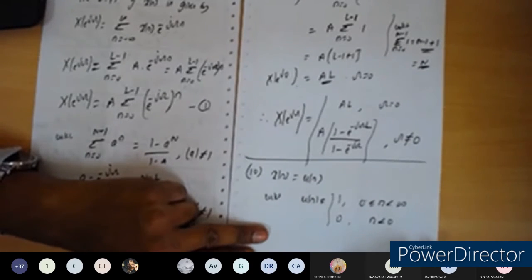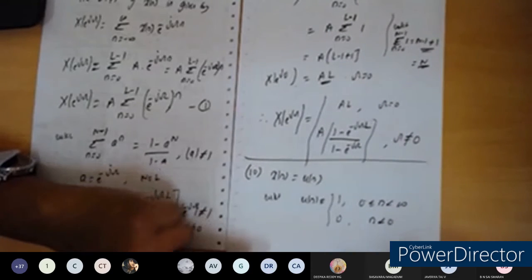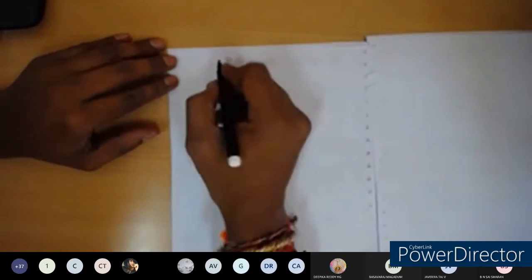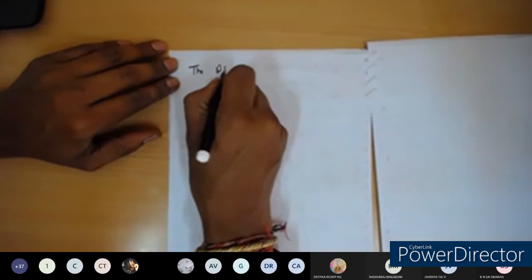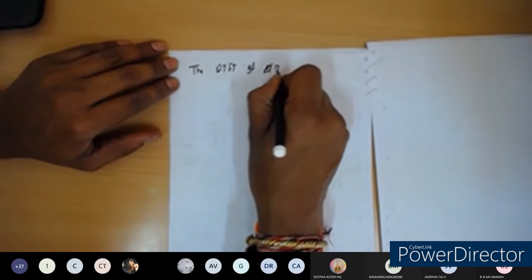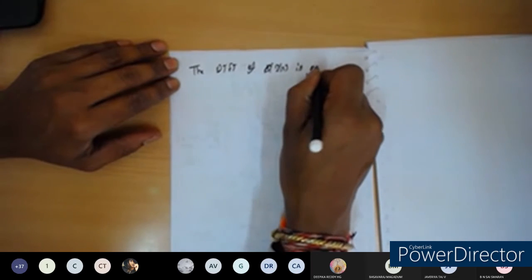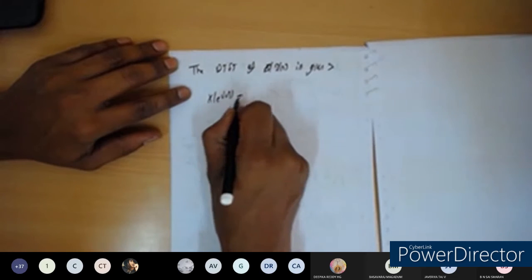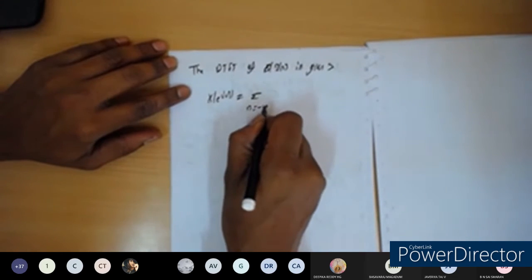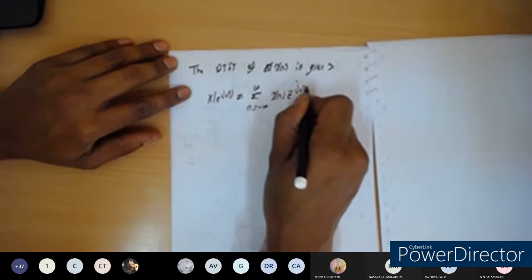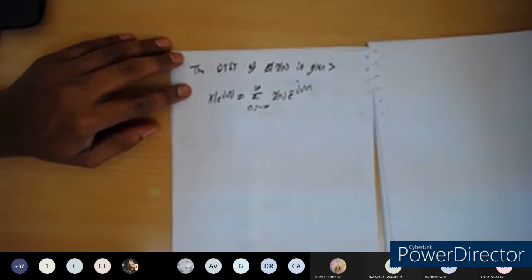Now let us write the formula for the DTFT of the sequence. X of e to the power of j omega is equal to summation n equals minus infinity to plus infinity of x of n into e to the power of minus j omega n.